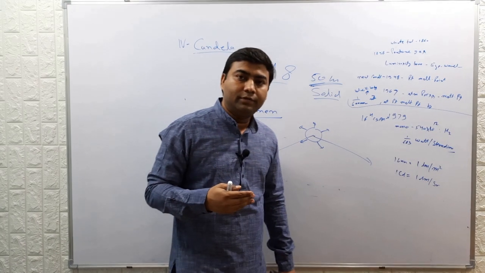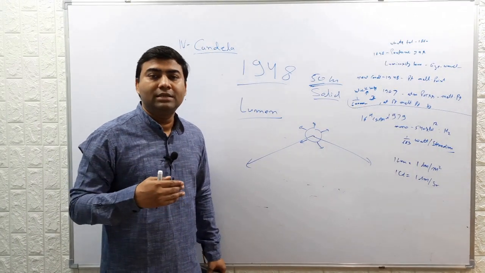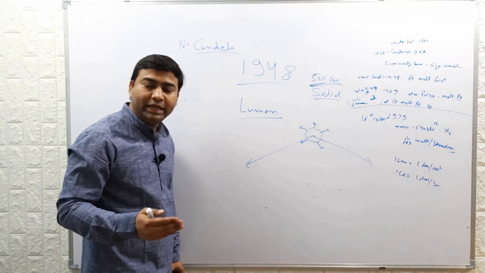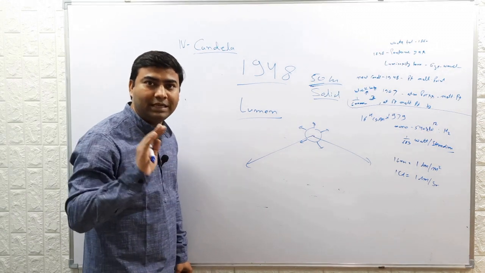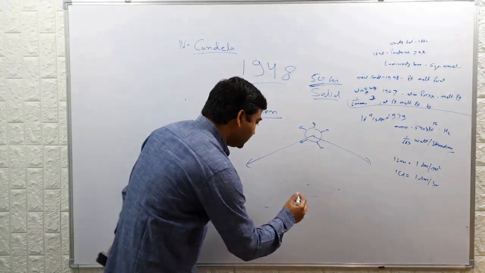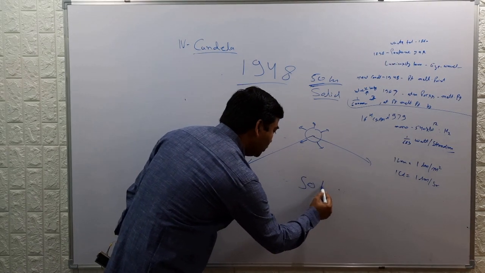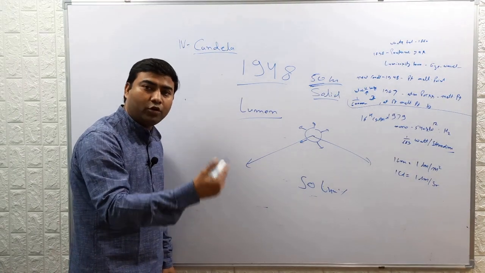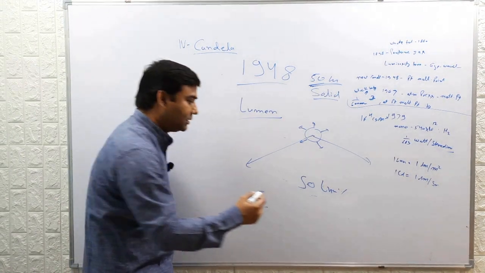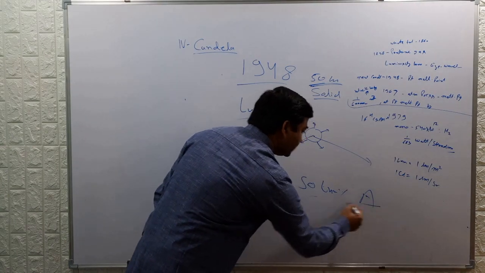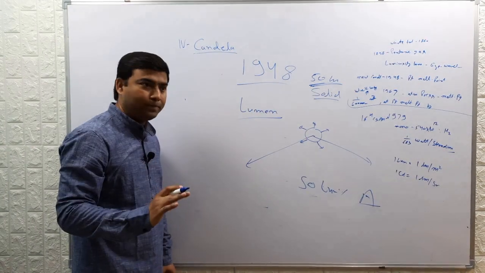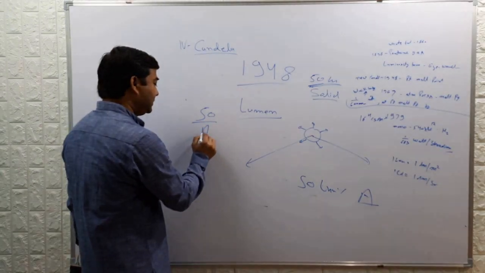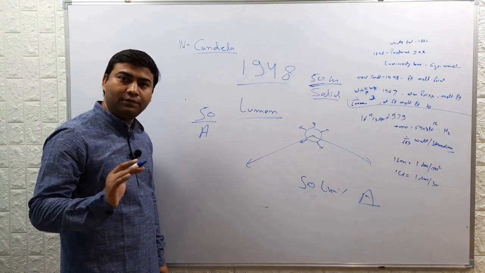The third unit which we are using in illuminance is lux. Lux is the unit of illuminance for a surface on which light is falling. Suppose 50 lumen flux is falling on a surface having area A. Then on unit surface area, 50 by A lumen flux is falling.